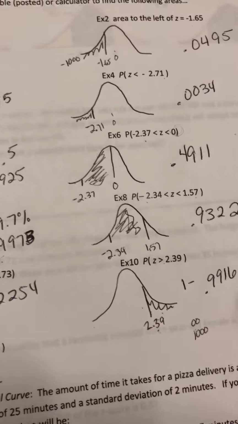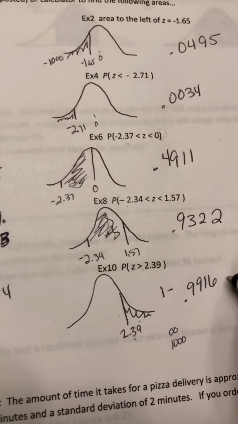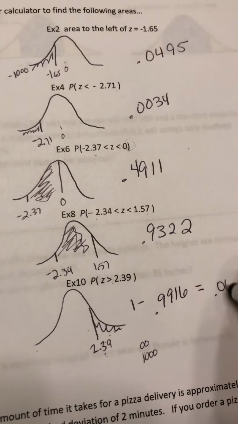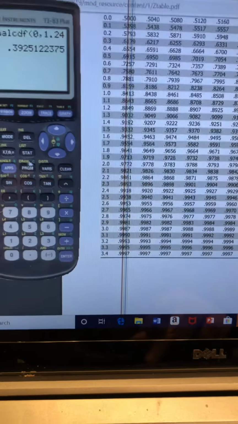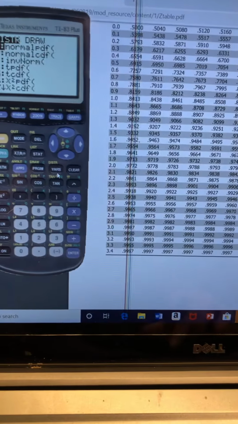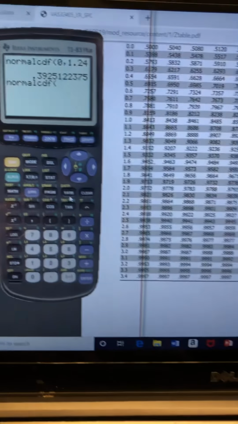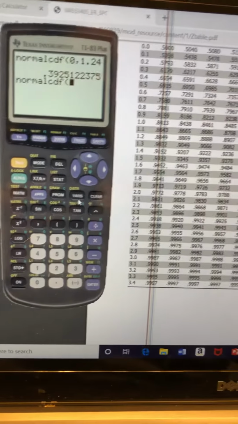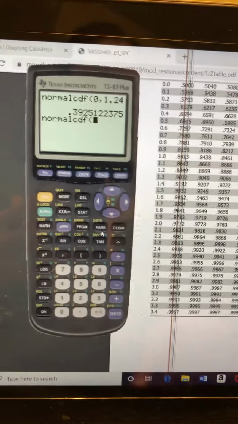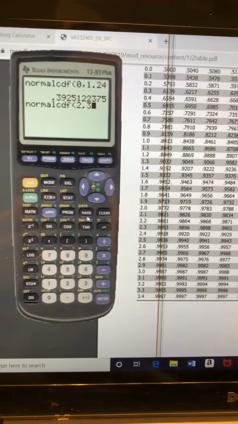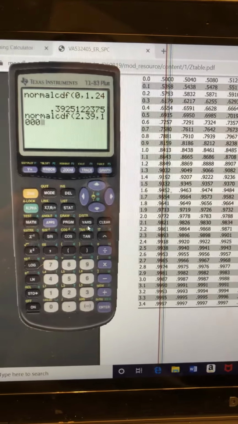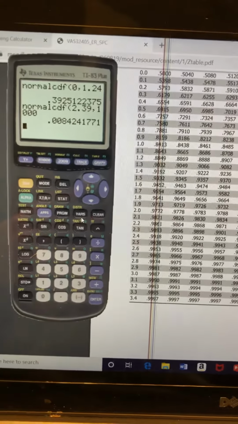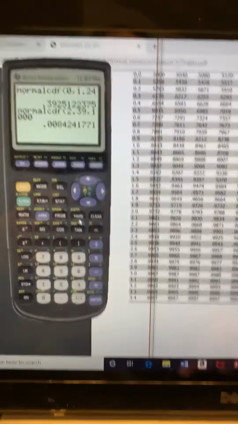We want to the right, so we have to take it away from 1, so that gives us 0.0084. On the calculator, you would go back to second VARS, normal CDF still, and your max, we already said was infinity, so we're going to make it 1,000. So my min is 2.39 because I'm going to the right, and my max is 1,000 or 10,000, and you get 0.0084, which is the same thing.